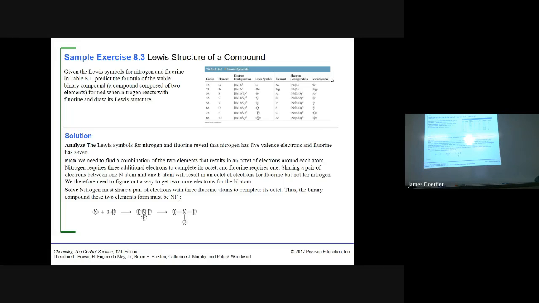And since nitrogen needs 3 and fluorine only needs 1, we're going to have 3 fluorines join up with 1 nitrogen. And so what that looks like now is this. Nitrogen is going to be in the center and is going to be surrounded by these 3 fluorines.